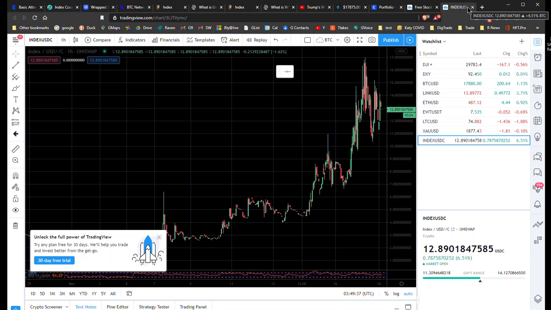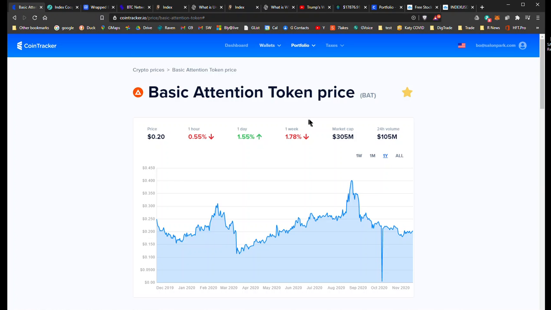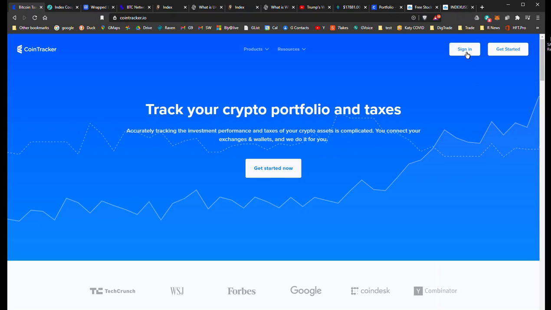Here's another tool that I believe you will use. If you go to CoinTracker.io and open up something new, just get started.